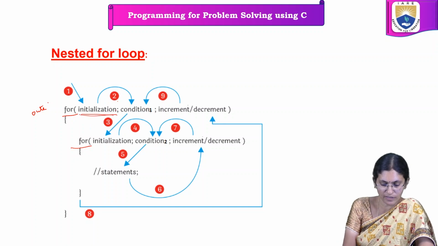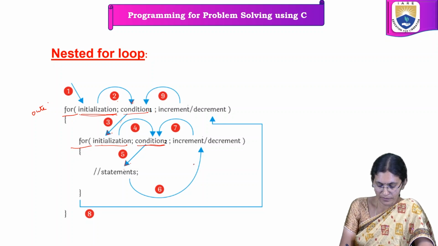So the first step which is executed is initialization. After that the condition in the outer for loop is checked. If it is true, then it goes to the inner for loop. Their initialization takes place. After that, the condition in the inner for loop is evaluated. If it is true, then the statements inside the for loop are executed.